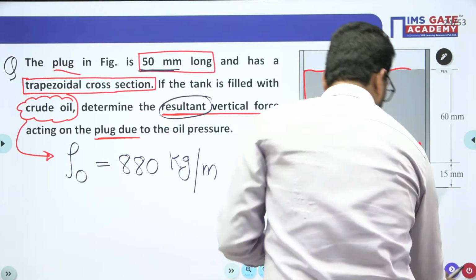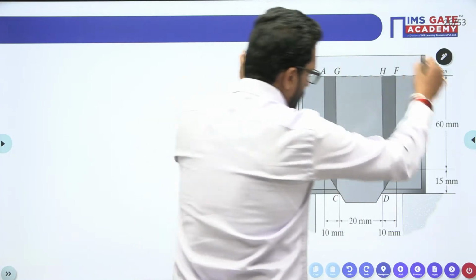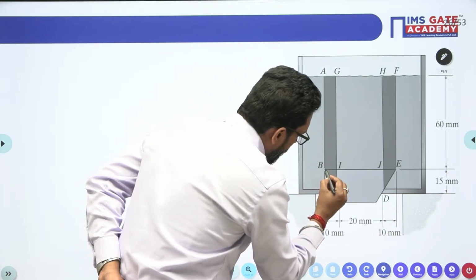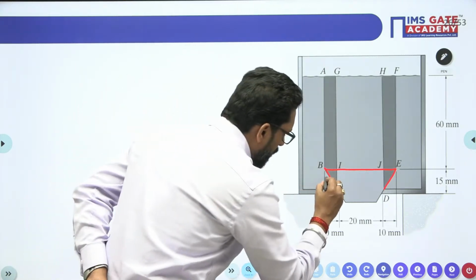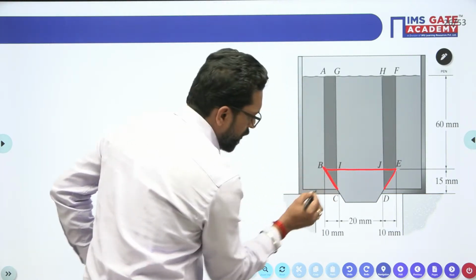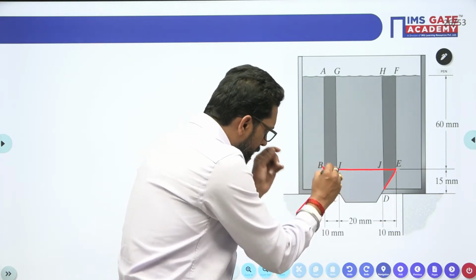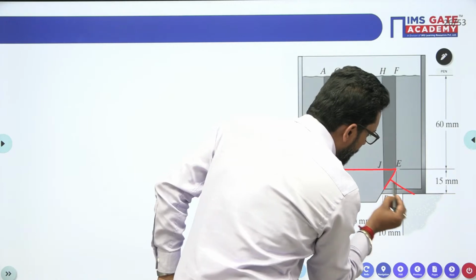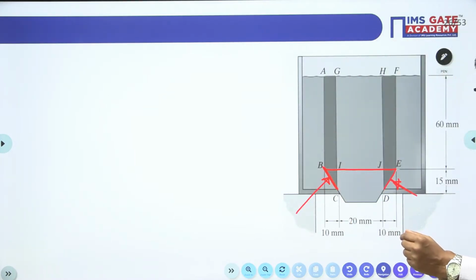That means, if this is your plug and the dimensions are given, this hydrostatic force in this direction will create a net vertical force. So the net vertical force will correspond to how much column of water? How much column of water?